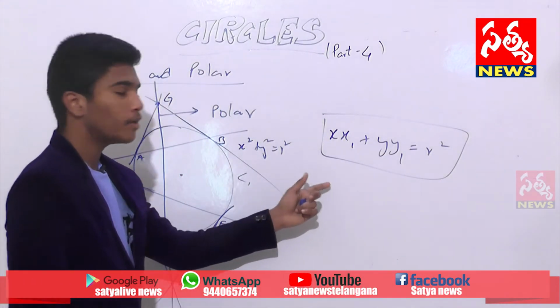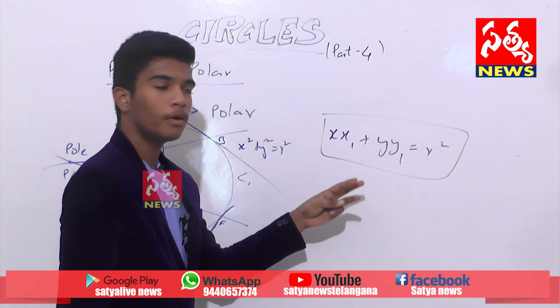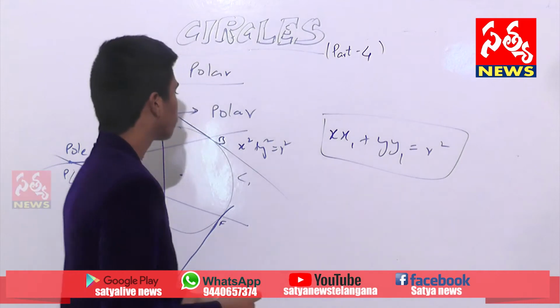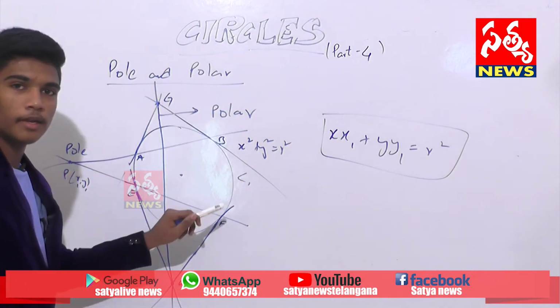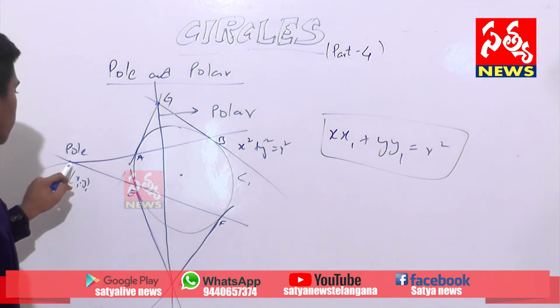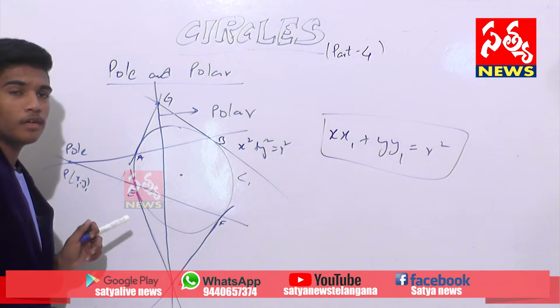As I said in the previous video, this is the same equation for chord of contact, pole polar form and tangent. Hope you got it. This is a circle and a point P outside the circle with coordinates x1, y1.